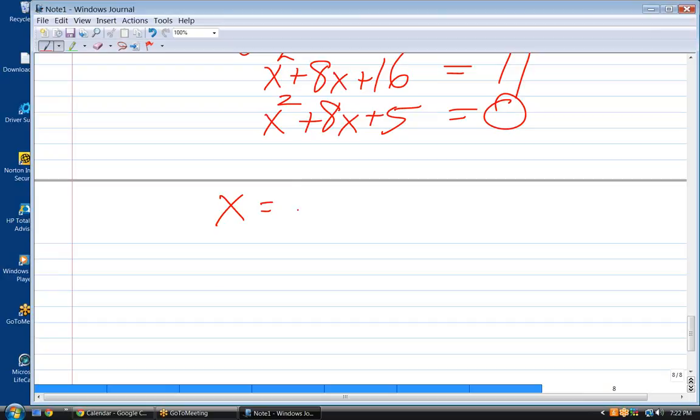I can't understand what you're saying, otherwise I'd be writing it. Negative 8 plus or minus root 8 squared minus 4 times 1 times 5, over 2.